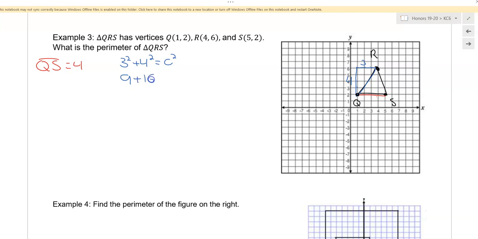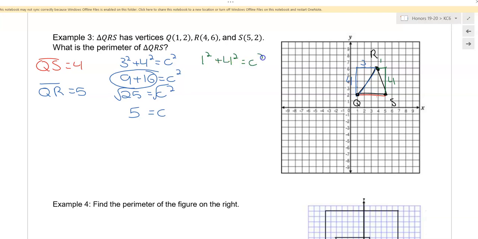9 plus 16. Adding these. This one's nice and easy. I can take the square root of 25. It's 5. Okay. So the distance from Q to R is 5. Then R and S, right? I'm going over 1, down 4. Same idea, 1 squared plus 4 squared equals C squared.